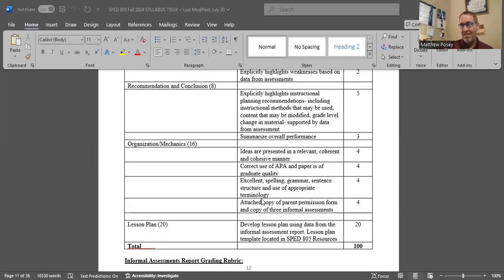It says example of informal assessment report, so it's there to guide you. It will also show an example of the type of table, chart, or graph that the student used to display the data in visual representation for the parents.